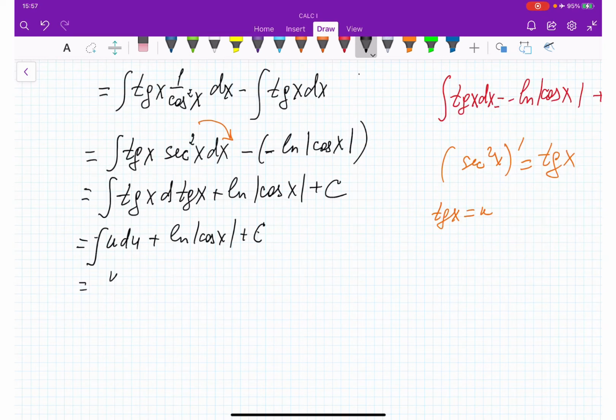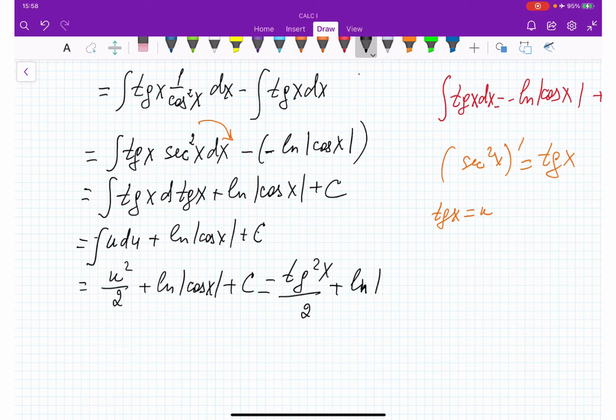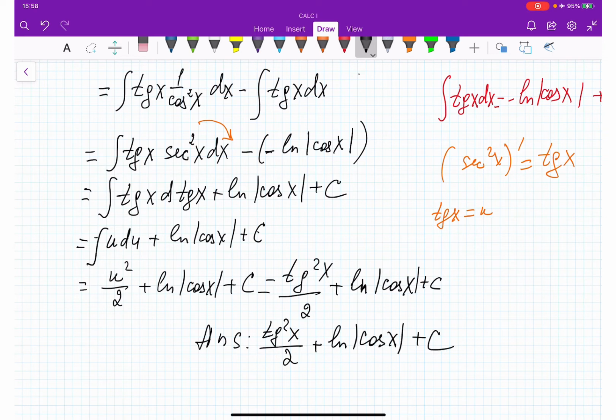And this is going to be equal to u squared over 2, plus natural log of cosine x plus c, which is tangent squared x over 2 plus natural log of cosine x plus c. So the answer is tangent squared x over 2 plus natural log of cosine x plus c.